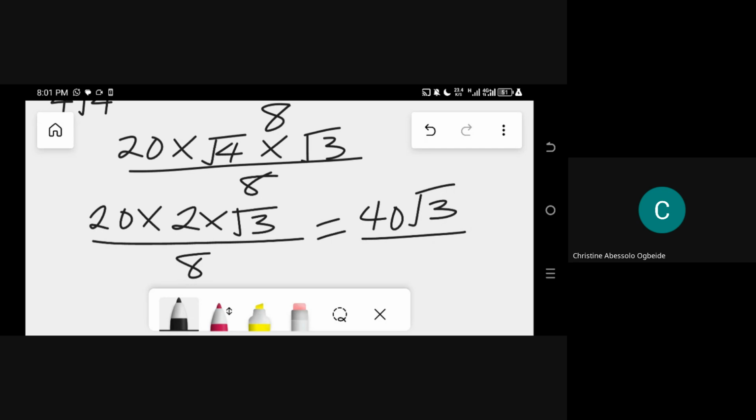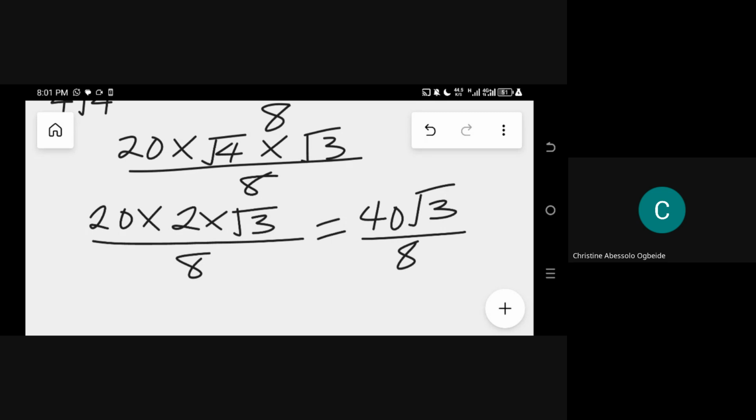Then all over 8, you have 8 at the bottom there. Now this 8 and that 40 can actually divide themselves because they are not carrying roots, so they're both divisible. You can't use an ordinary whole number to divide a number that is inside the square root.